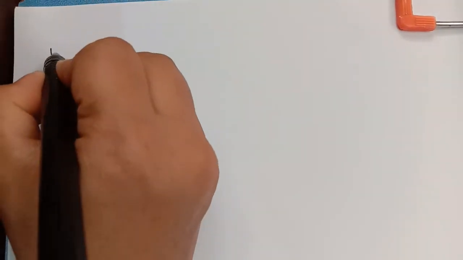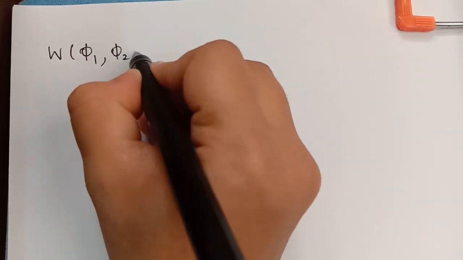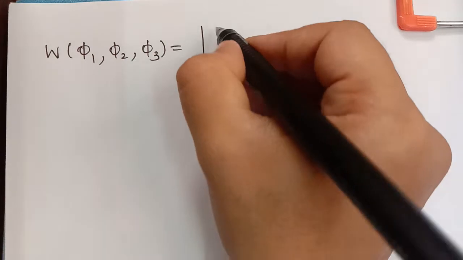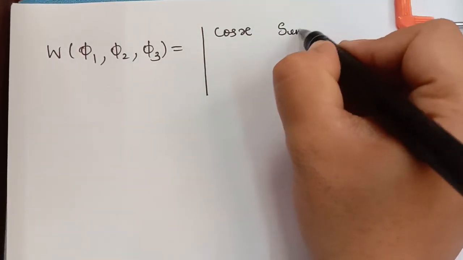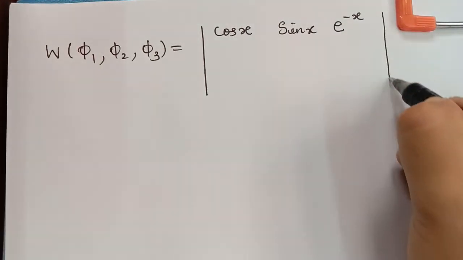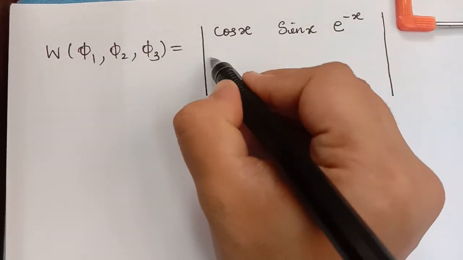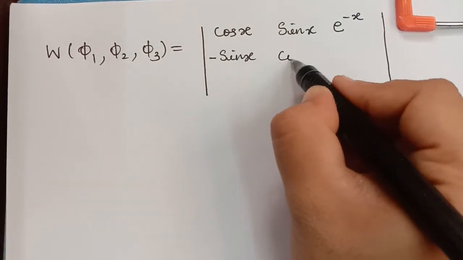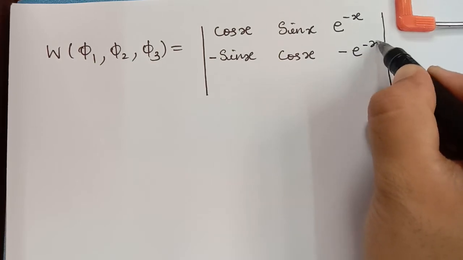So now we have to evaluate the Wronskian of phi 1, phi 2, phi 3, which is equal to the determinant of, first, phi 1 of x, which is cos x, and then sin x, and then e power negative x. Next we have phi 1 dash, the differentiation of this, which is negative sin x, and then phi 2 dash, the differentiation of this is cos x, and the differentiation of this is negative e power negative x.